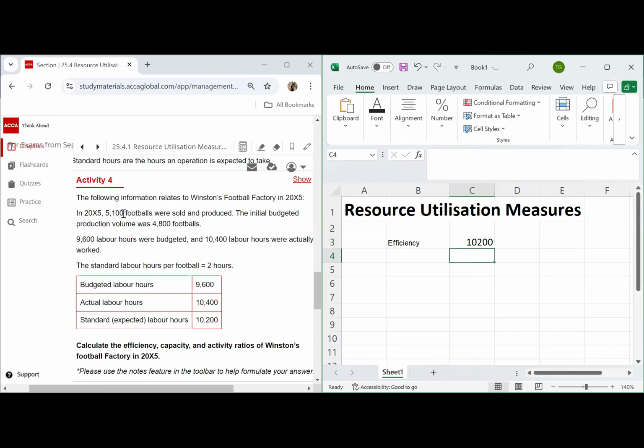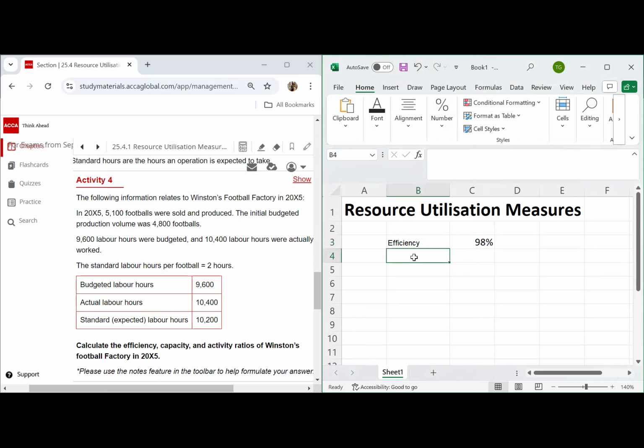Now, this is your expected labor hours. This needs to be divided by the actual labor hours that have been taken, which is given as 10,400. So the workers are only 98% efficient and not 100% efficient.